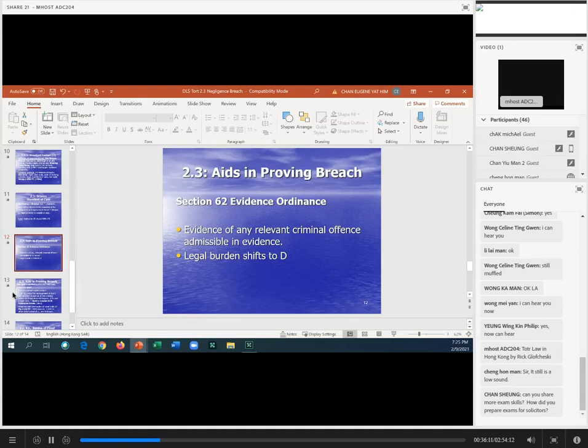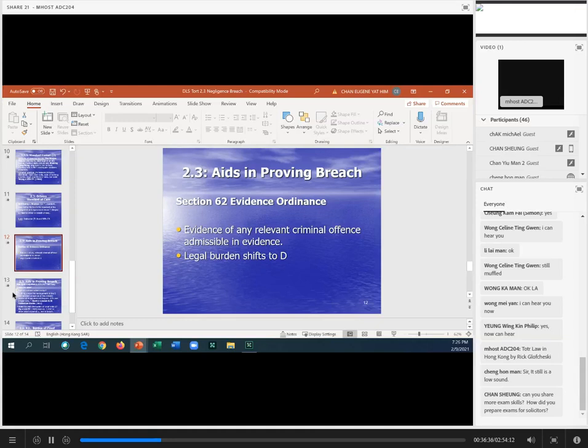So there you are, section 62 Evidence Ordinance. A very good, powerful aid for a plaintiff in proving breach of the duty of care. Evidence of any relevant criminal offence, could be careless driving, could be drink driving, whatever, is admissible in evidence, and not only that, it is powerful evidence and the burden shifts to the defendant.